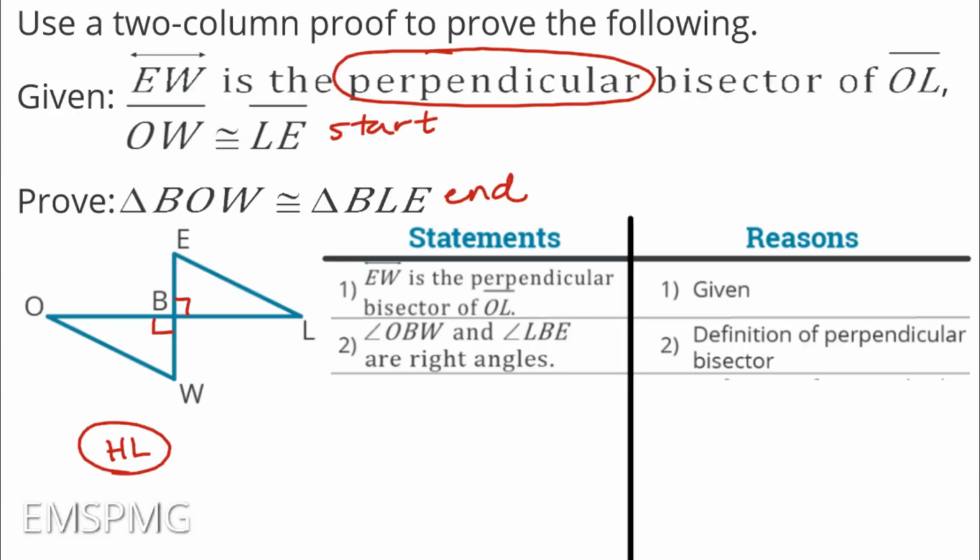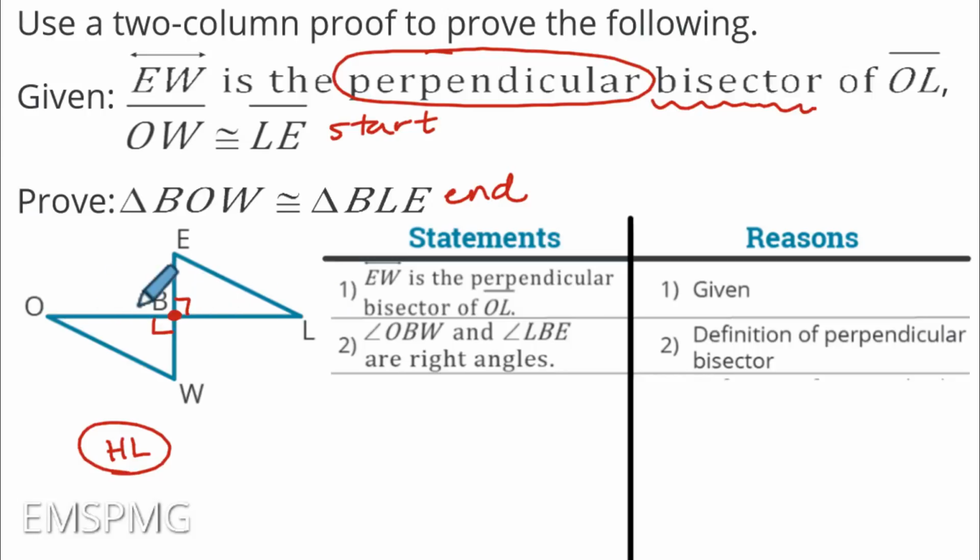Now again, we talked about the word perpendicular. Let's go ahead and discuss this word bisector. Bisector means cutting things in equal halves, or congruent halves. So since EW, this entire line, is bisecting segment OL, OL is the segment going to be cut in half, which means B is the midpoint.